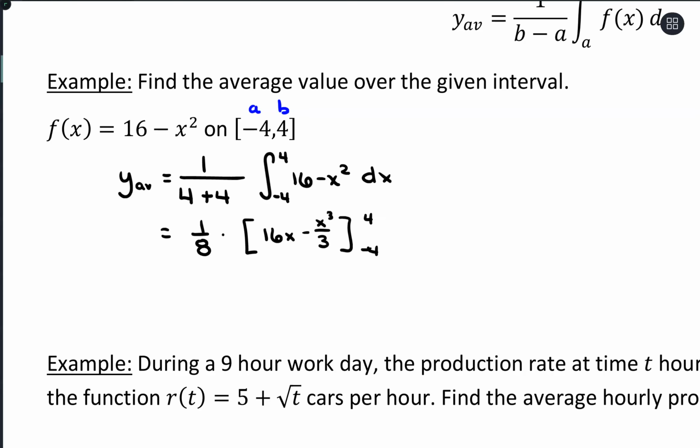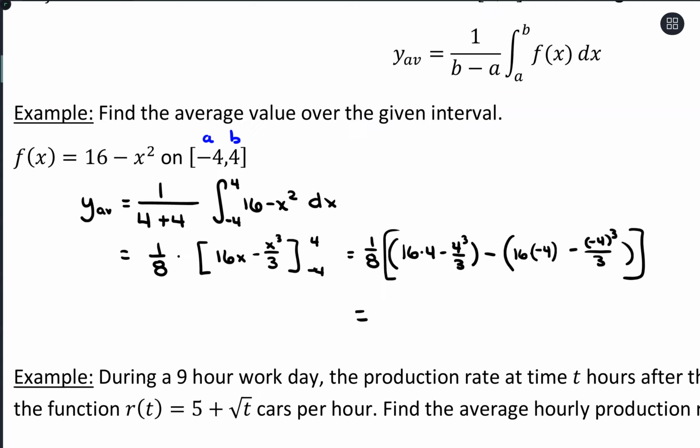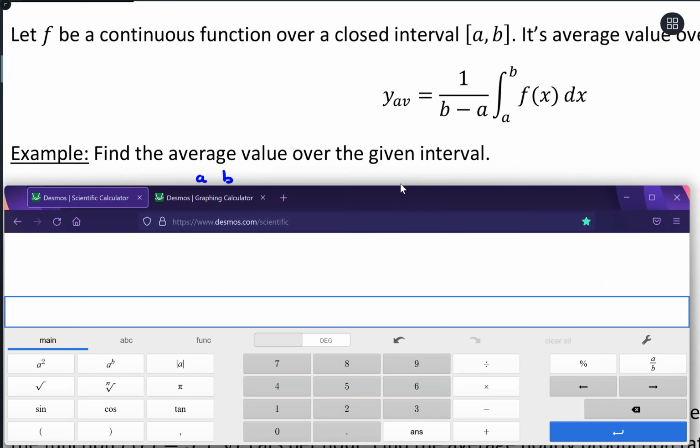And we'll just start simplifying. So we'll have 1/8 times, we'll plug in +4, so 16 times 4 minus 4 cubed over 3, minus, and then we'll plug in -4, so 16 times -4 minus -4 cubed over 3. And let's just go ahead and put all of that into the calculator. So just going to copy it in.